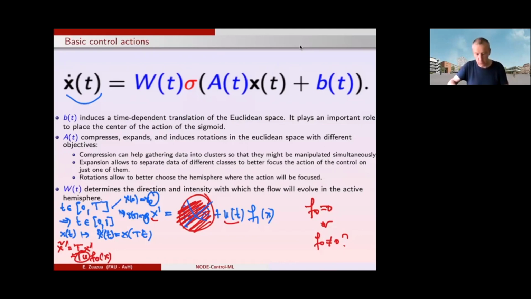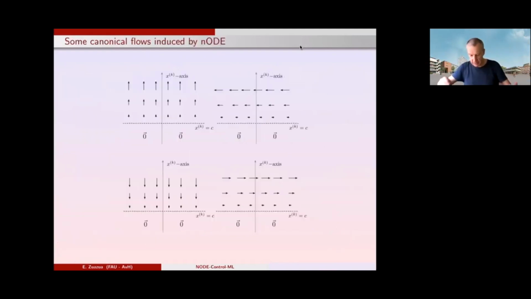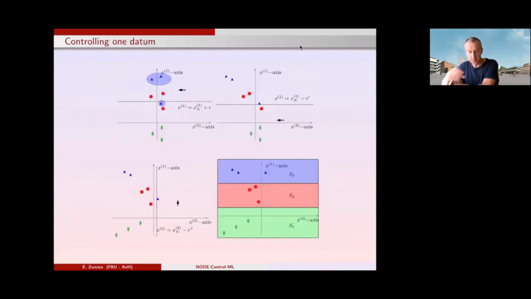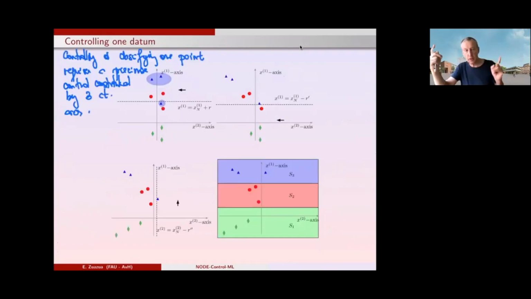So if you want to classify very fast, the action of this WT will have to be amplified. If you give me more time, the classification task will be done by smaller amplitude controls. But the complexity of the task itself will be completely independent of the time window. This is why here, I don't discuss the time I need. I know that I can make it a posteriori as long as I wish.